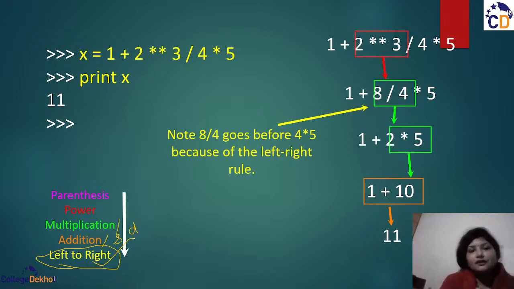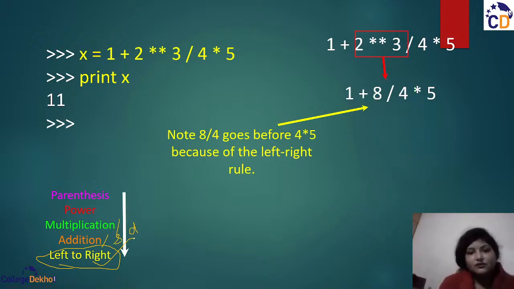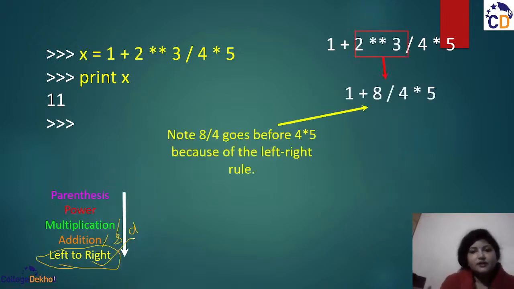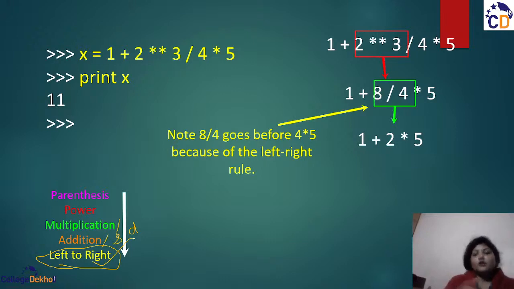So I think from this example also you have understood what do you mean by the precedence of operator, and by the next statement you can easily identify what do you mean by left to right rule.